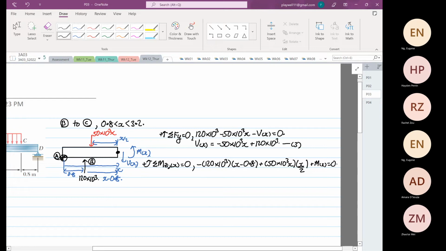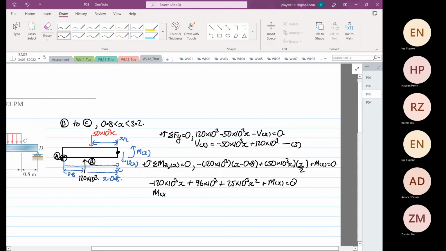So now expand the term, so it's minus 120 times 10 to the power 3 x plus 120 times 10 to the power 3 multiplied by 0.8, which is 96 times 10 to the power 3, and then you have plus 25 times 10 to the power 3 x squared plus M as a function of x, whole thing is equal to 0.